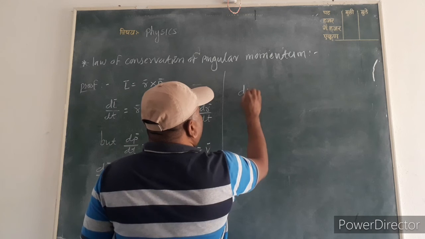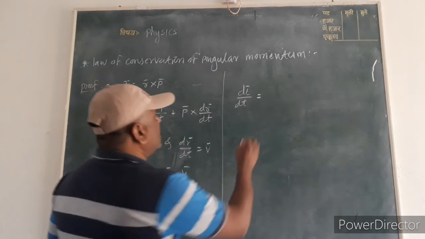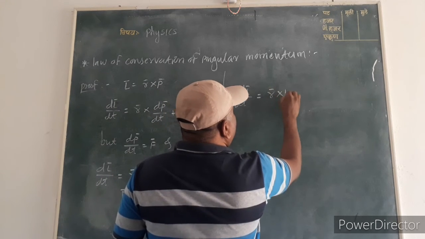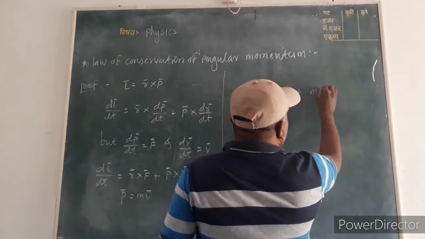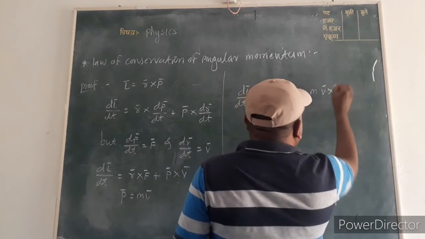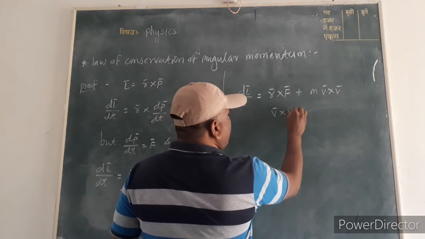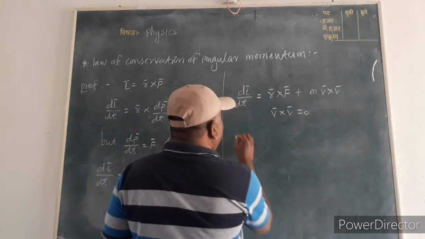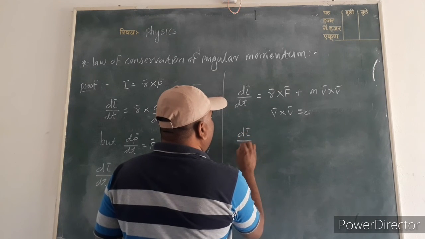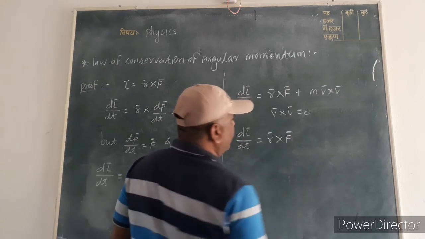Therefore, dL bar upon dt is equal to r bar cross F bar plus m v bar cross v bar. But v bar cross v bar is equal to 0, so that whole term is 0. Therefore, dL upon dt is equal to r bar cross F bar.